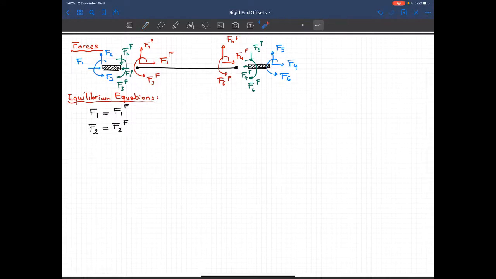So you can just take moment with respect to that point and then write down the moment equilibrium equation. So this tells you that F3 must be equal to F3F plus the moment due to that vertical force, plus Bi times F2F.